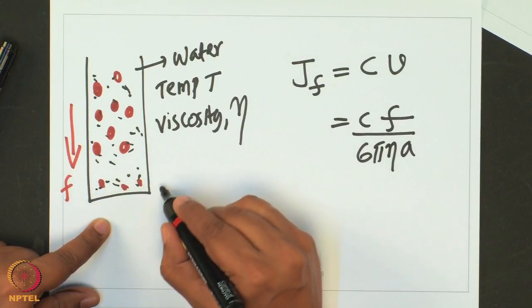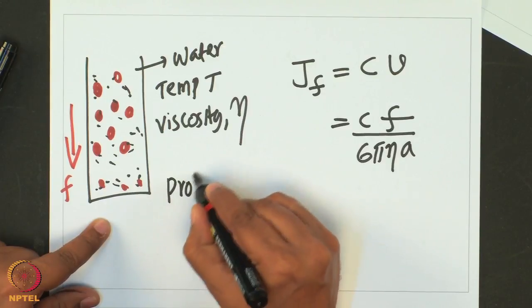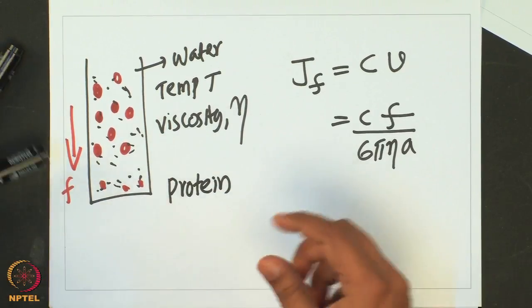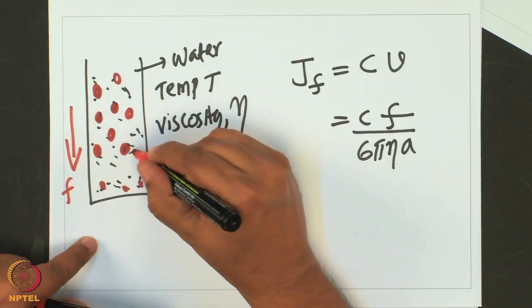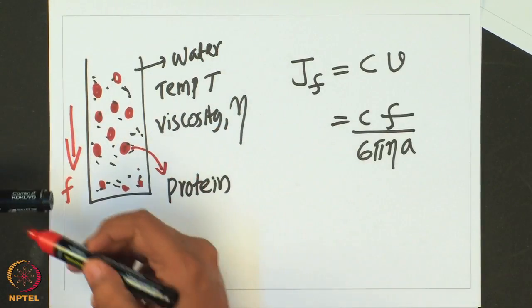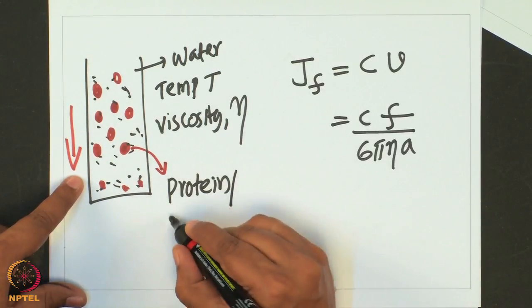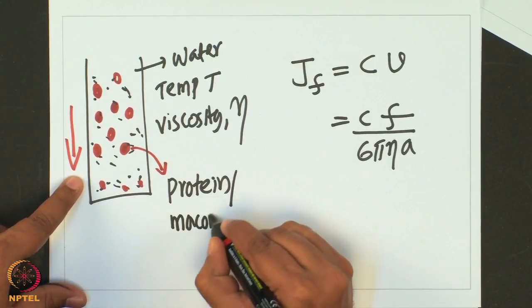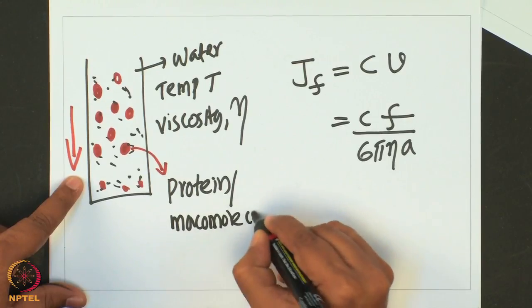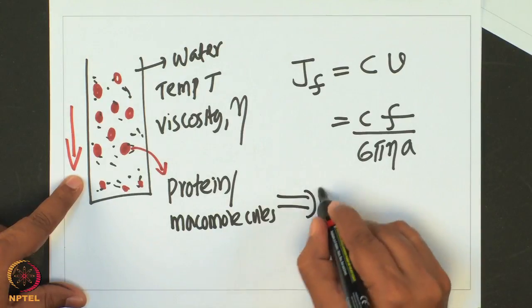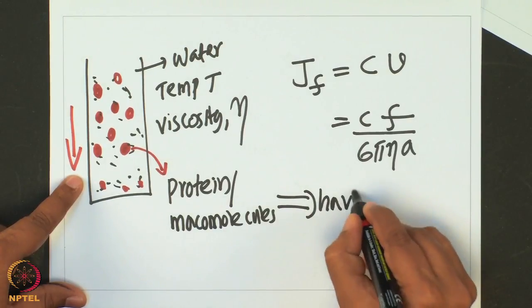These red things are protein molecules or other macromolecules. It could be protein or it could be anything: macromolecules having radius A.